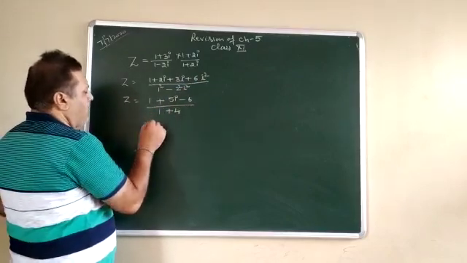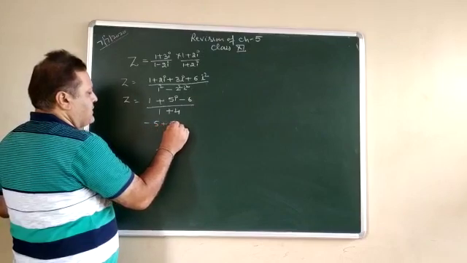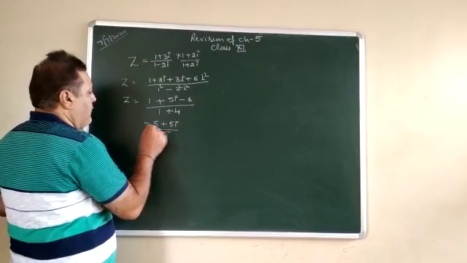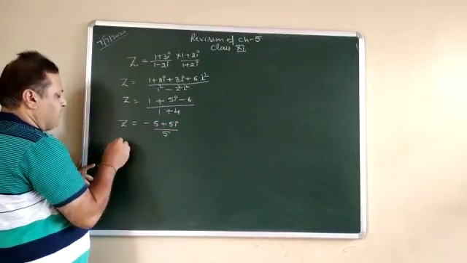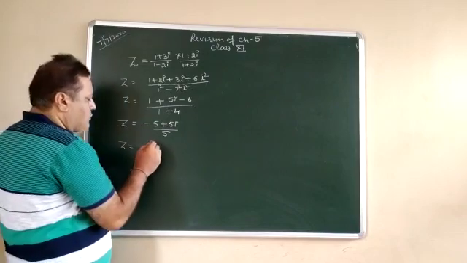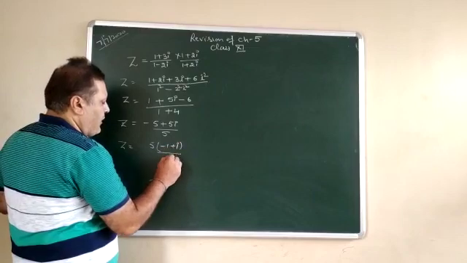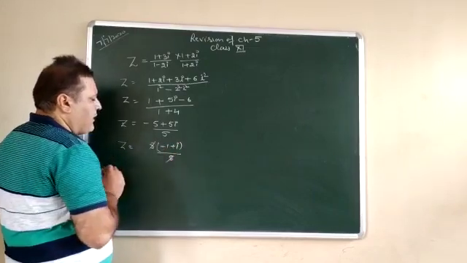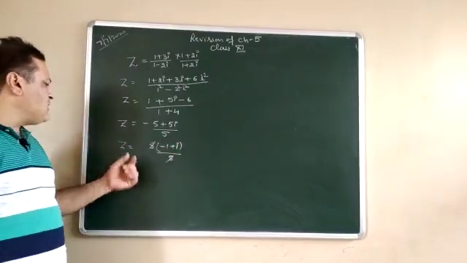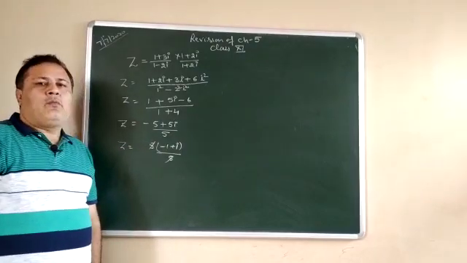So it will become (-5 + 5i) upon 5, so z is equal to 5(-1 + i) upon 5. So this 5 gets cancelled. This is the simplest form of the complex number.